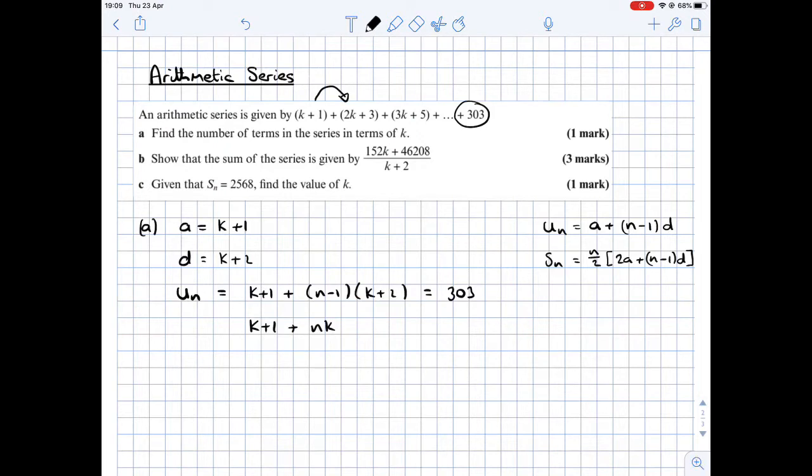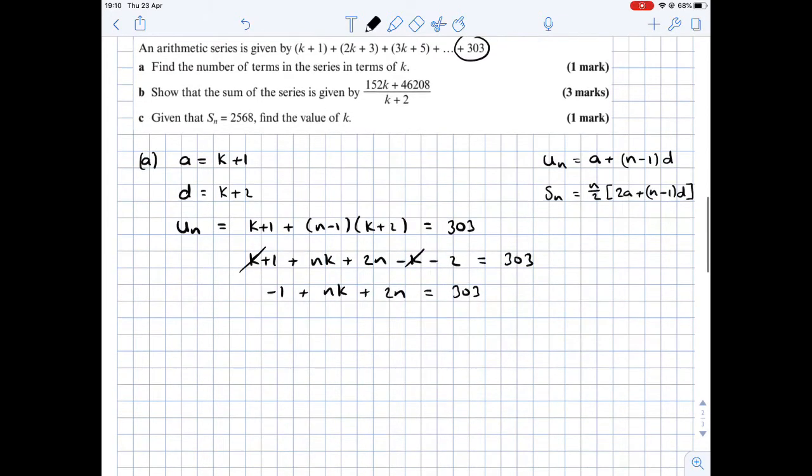Expanding out, nk plus 2n minus k minus 2 equals 303. Noticing the k's will cancel: 1 take away 2 minus 1, plus nk plus 2n equals 303. So nk plus 2n is equal to 304.